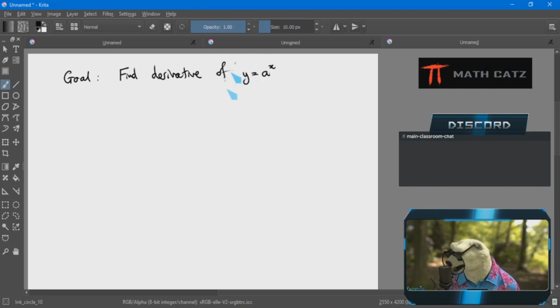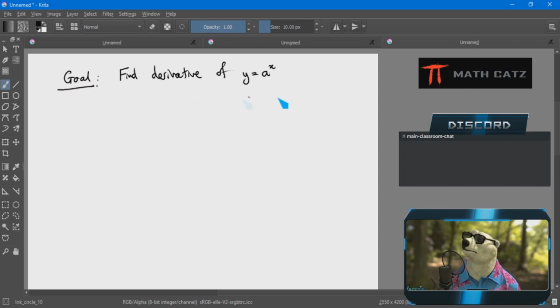So I call this my general exponential function because the base can be whatever, general base, 2, 3, whatever. Okay. So that is the question.